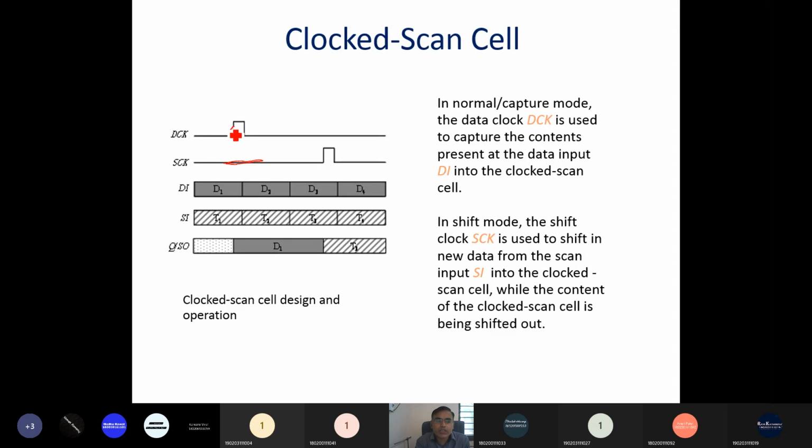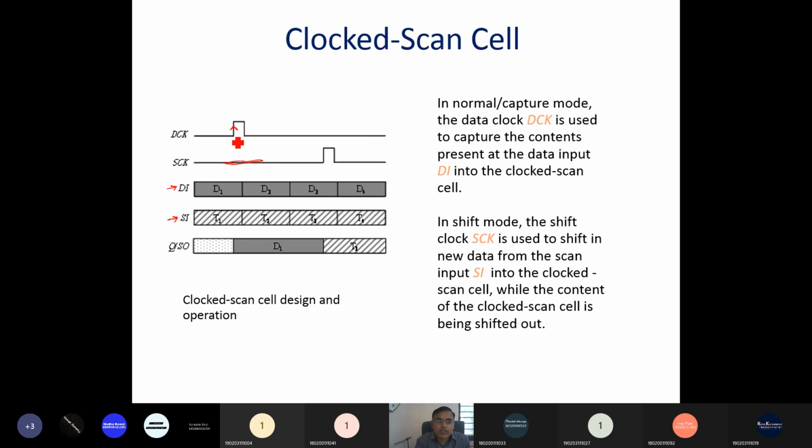So here you can see, first, let's say we apply the data clock. There are two inputs, the data input and the shift input. The data input is for the normal data and the shift input is for testing. If you want to load the internal node with any desired logic, it can be loaded using the shift data in.